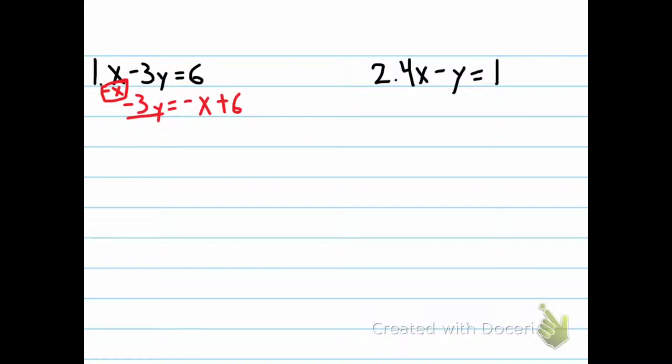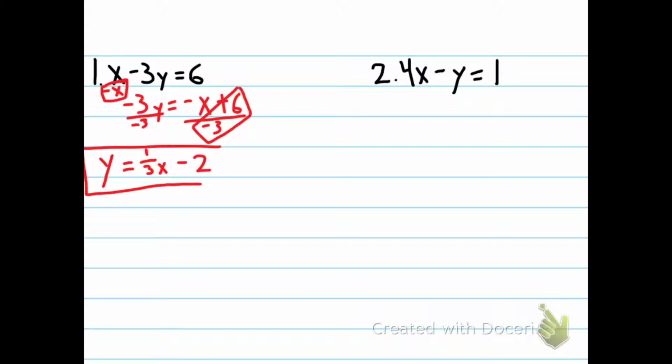So negative 3 here, then negative 3 here. So now we are left with y equals, and then negative x over negative 3 is a positive 1 over 3 x. And then we divide 6 by negative 3, and then we're left with a negative 2. So that's our answer. Y equals 1/3 x minus 2.